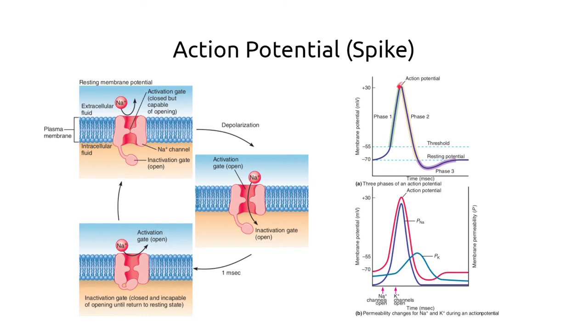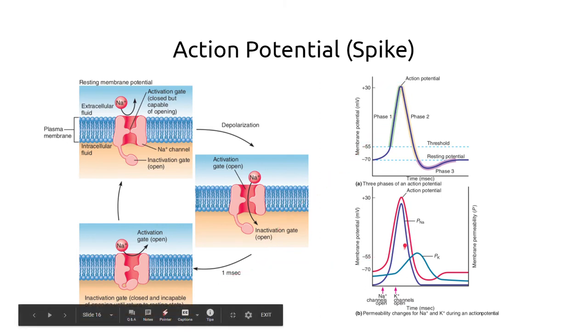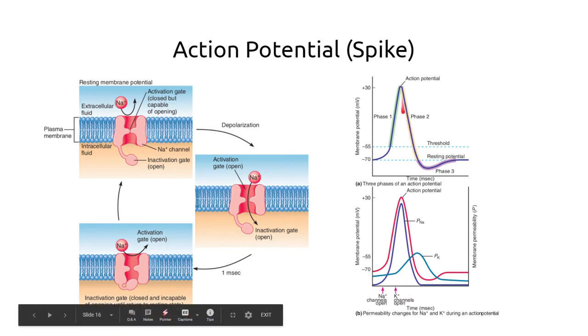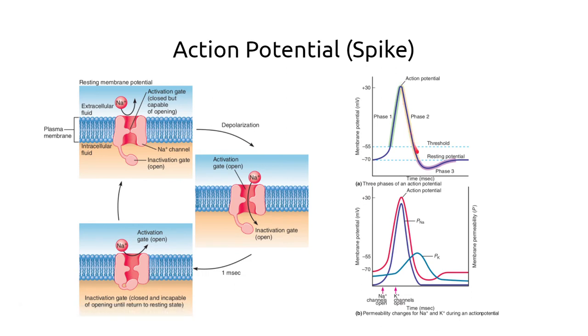Okay. But once this starts happening, voltage shoots up. Eventually we hit another voltage level where another set of ion channels open up and start allowing potassium, so these are the potassium channels, to flood out. Potassium ions are charged the same as sodium ions, but they're flowing in the different direction. So that means we're going to drop the voltage. So the voltage is going to drop back down.